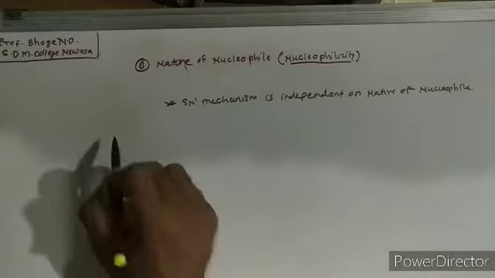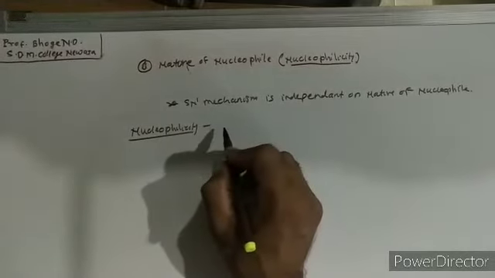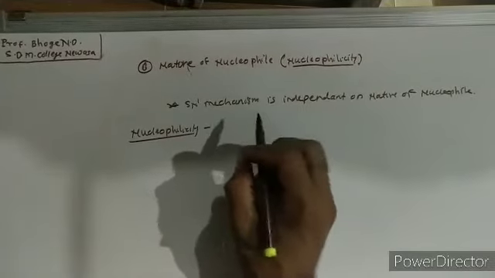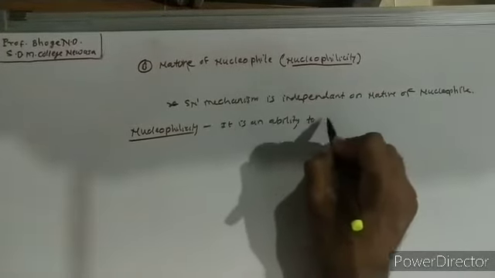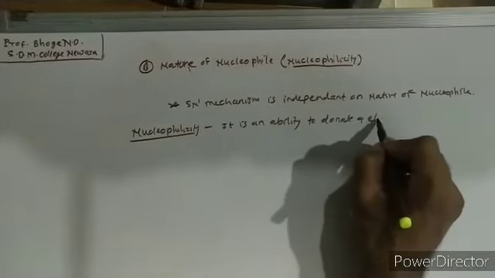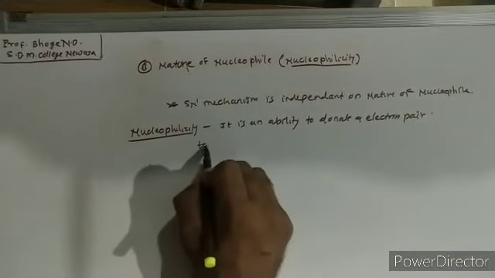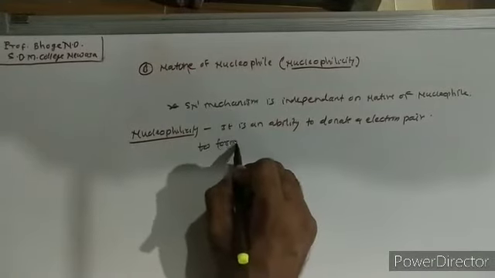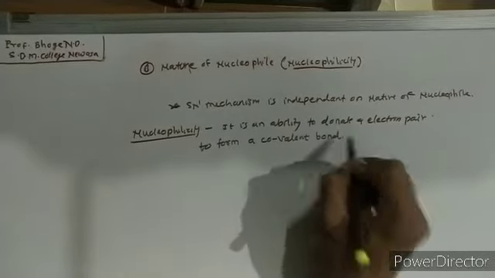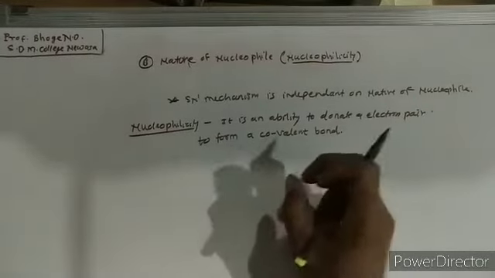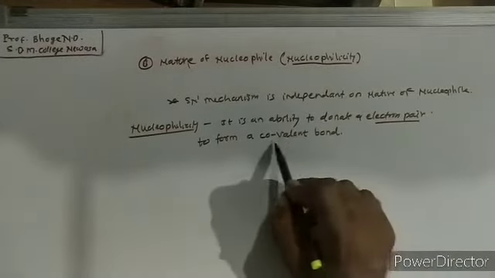It is defined as the ability to donate an electron pair to form a covalent bond.